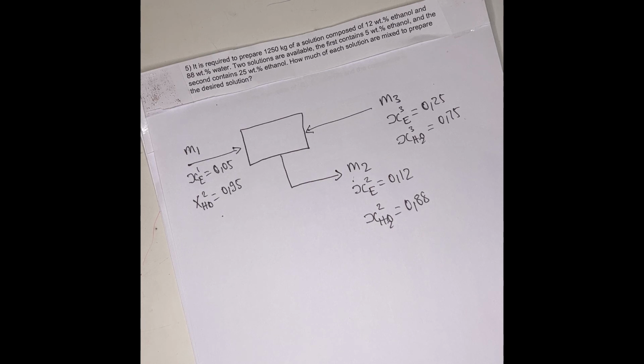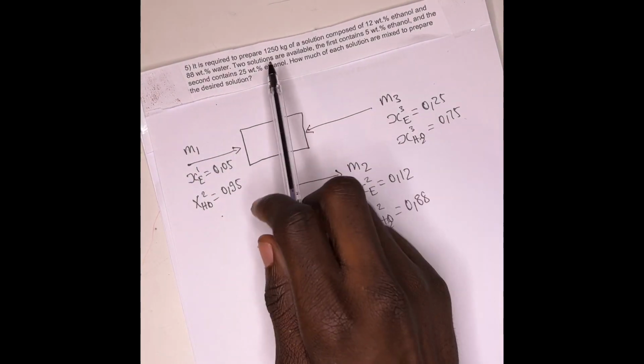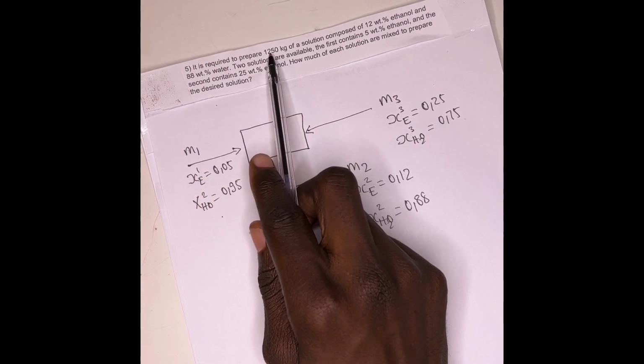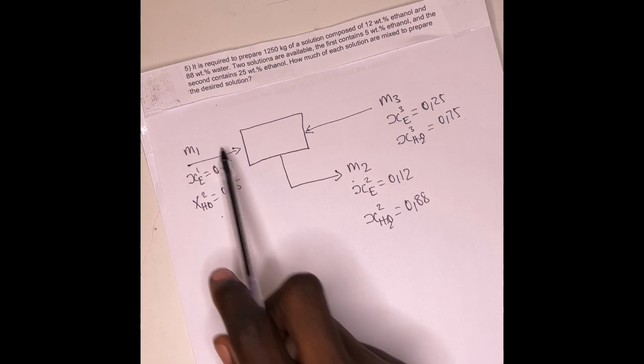Now what you will do is this. In that question, the thing we always have to know is this: when you have something like this, they give you the mass, one of them. Now you have to ask yourself, what is that mass?